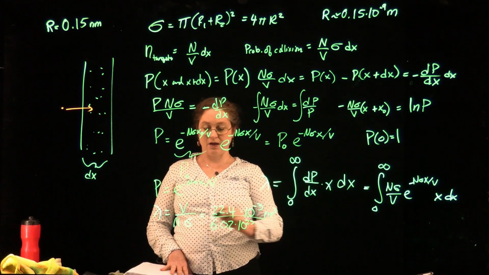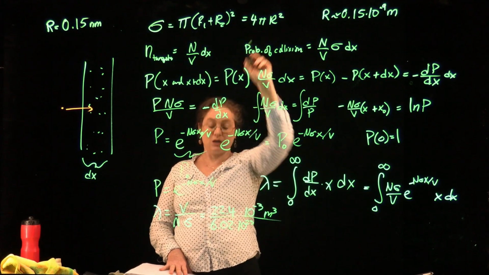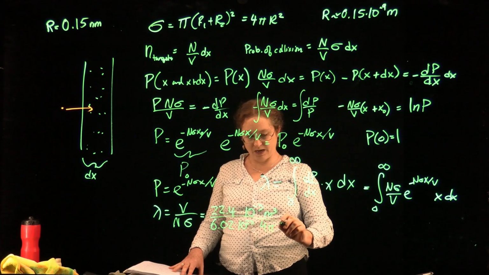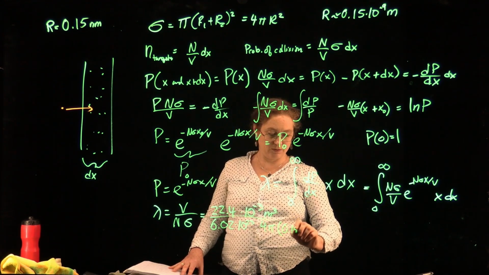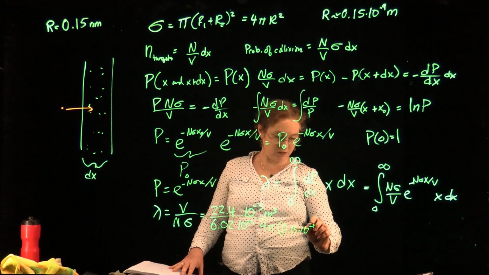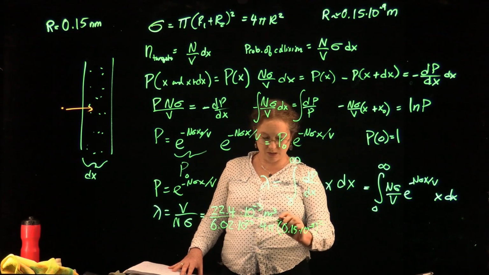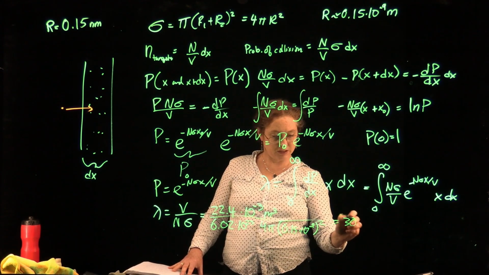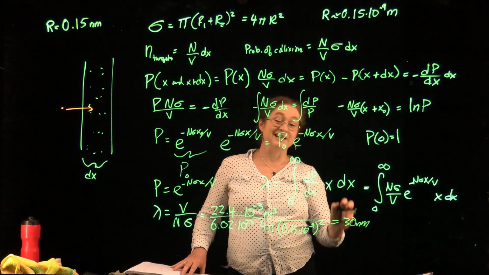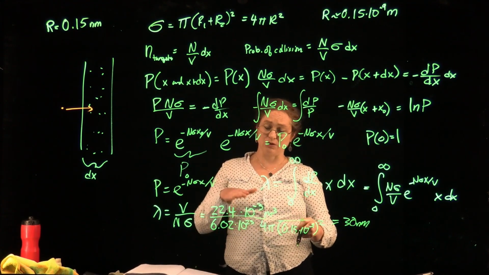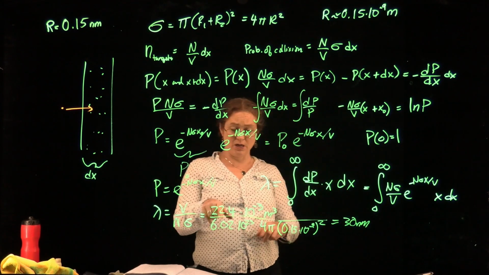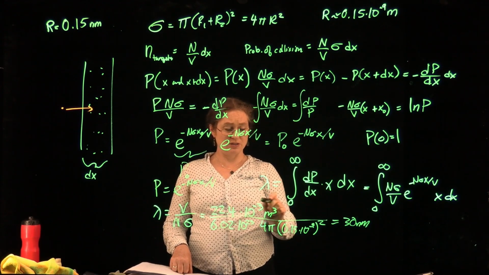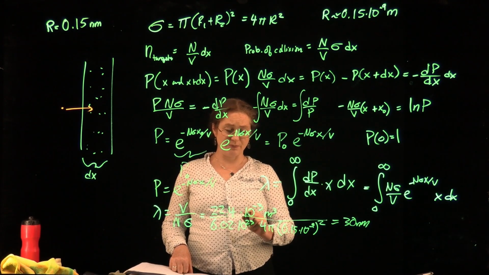And then we have sigma, which we said here was 4 pi r squared. So 4 pi times 0.15 times 10 to the negative 9 quantity squared. Let's check some orders of magnitude here. There is a hidden factor of 10 here. So this is 10 to the negative 2 on the top.